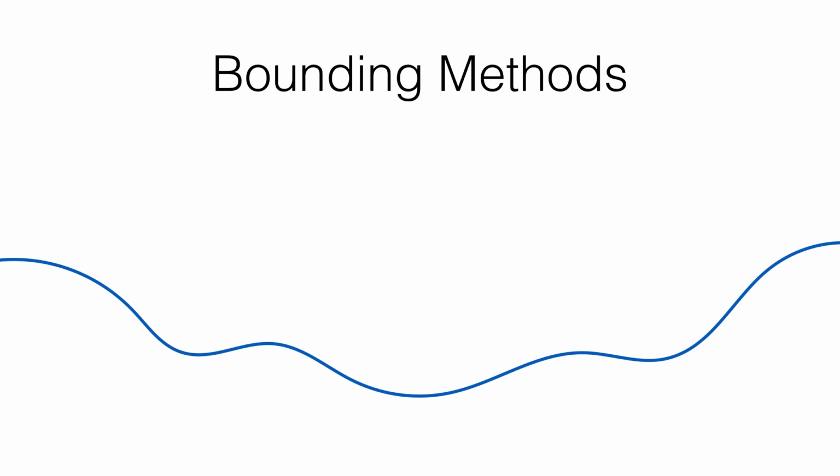Now, in practice, a lot of times these local minima are good. They're good solutions that we're happy with. But the fact that we know that it might not be the true minimum is concerning. So another approach for handling these non-convex minimization problems is to use a bounding method.